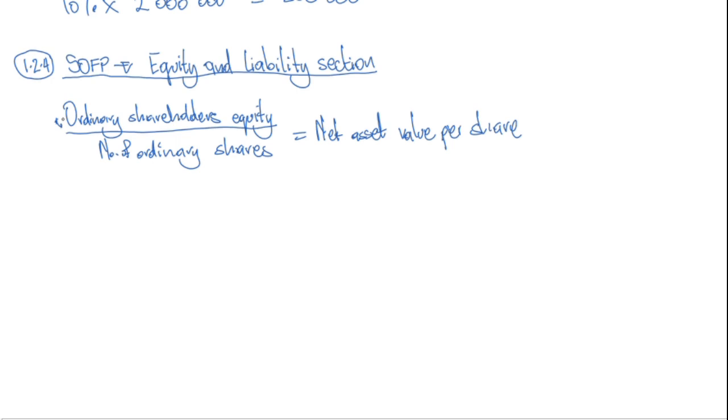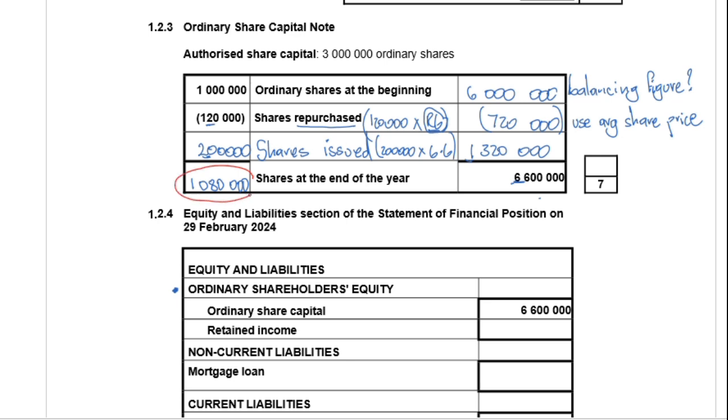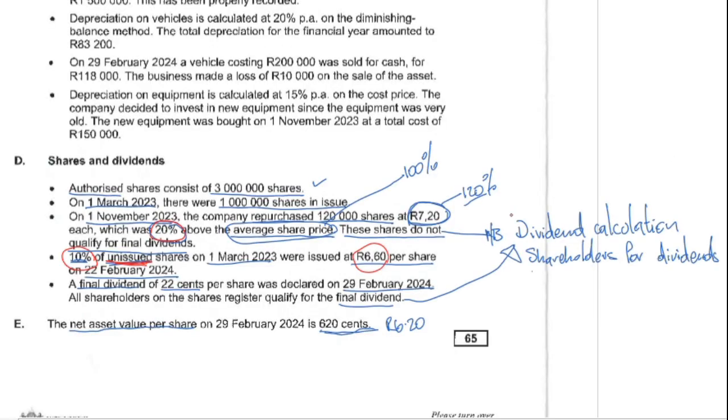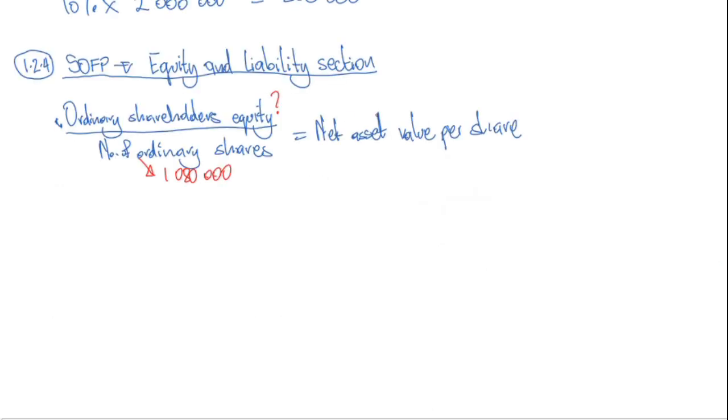Ordinary shareholders' equity is the value that we are looking for. The number of ordinary shares at the end of the year we have already calculated as 1,080,000 shares, and net asset value per share is equal to 6 rand 20 cents. We want to solve for the ordinary shareholders' equity, so we will make it the subject of the formula by taking the number of ordinary shares to the other side of the equation.